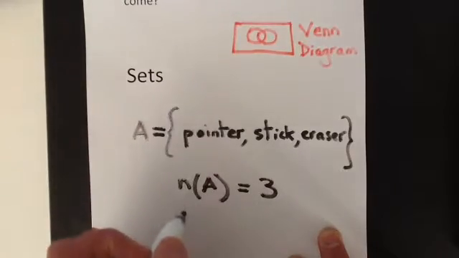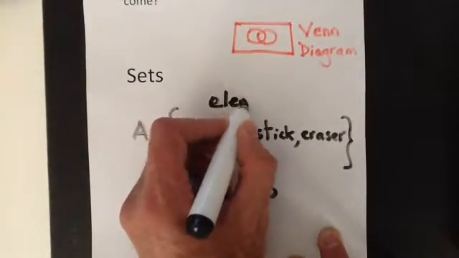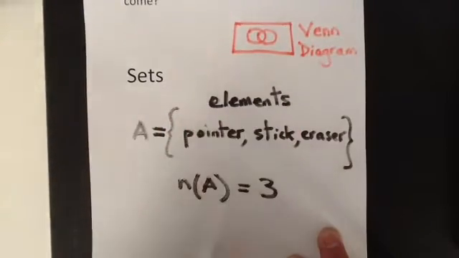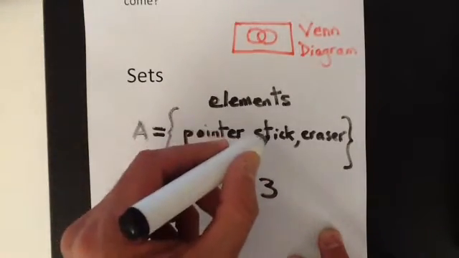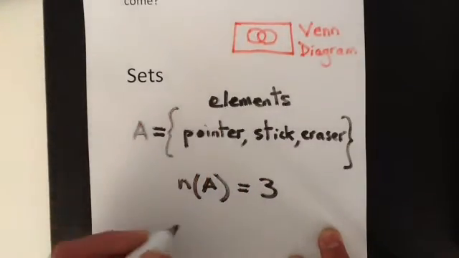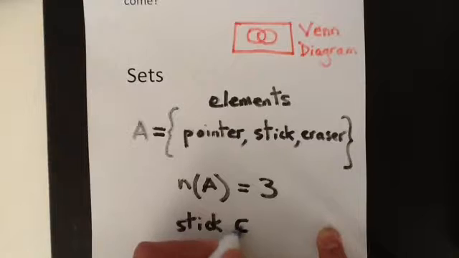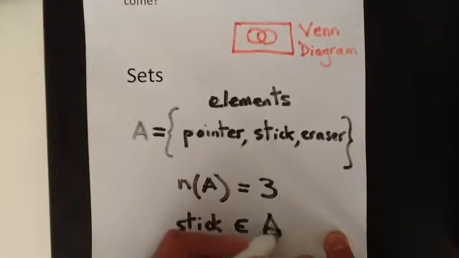And these are called elements. And let's say the stick is an element of A, so we will say stick, then we use this funky little E like that, is an element of A.